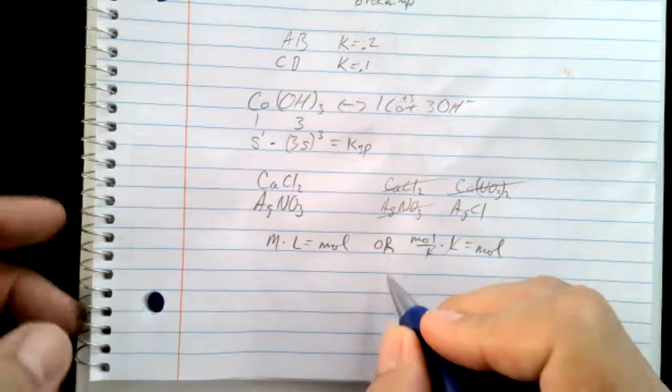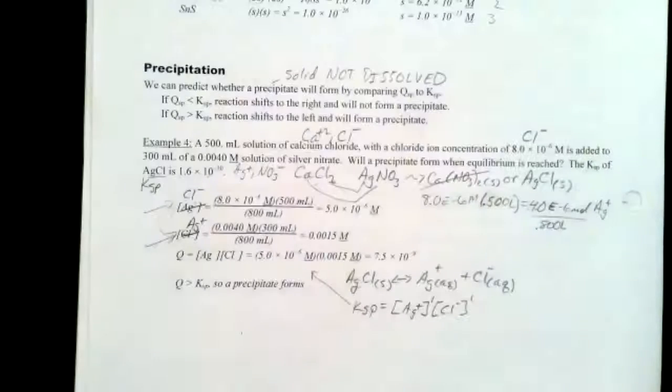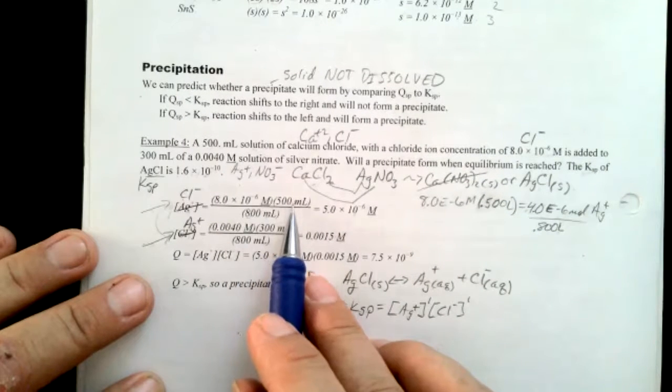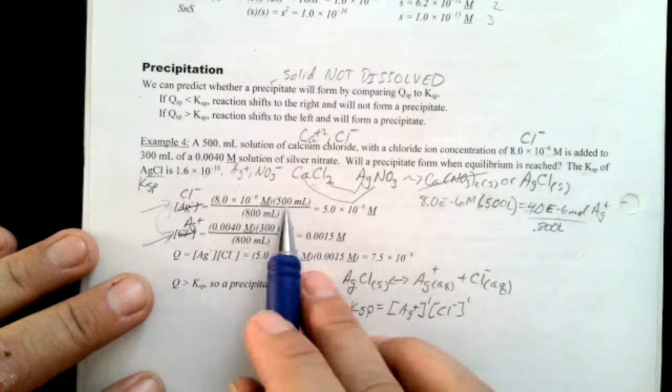So if I take the molarity they gave me and the liters, you could put 0.5 liters, whatever, that would give me the moles that was delivered.